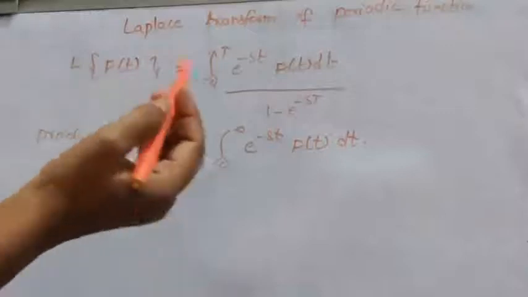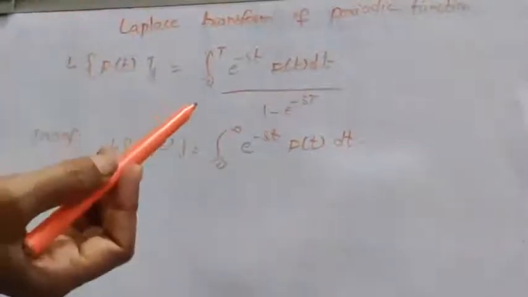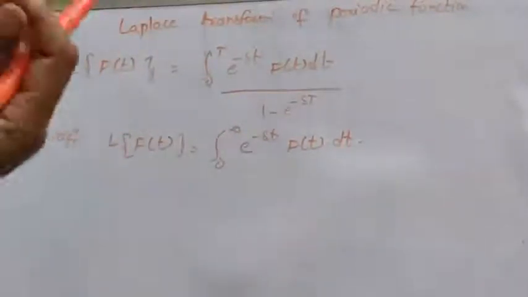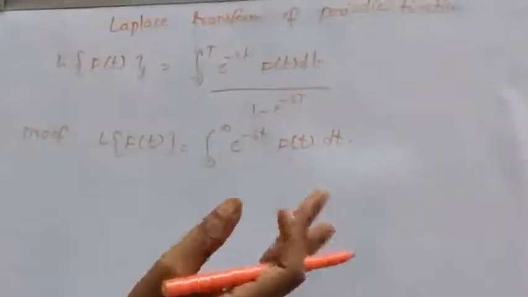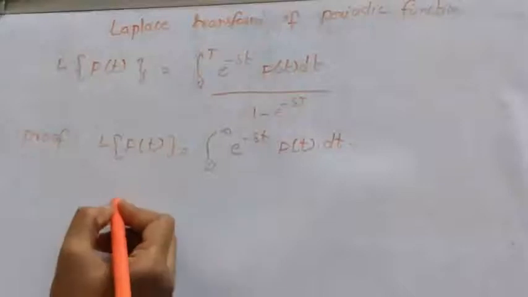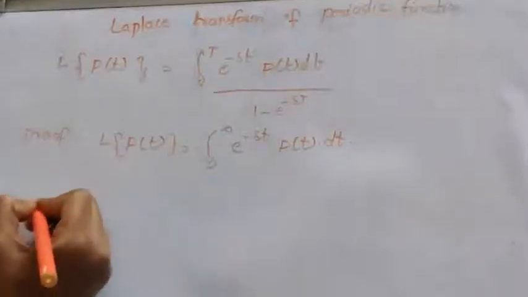Now we have to express this limit in terms of the period: 0 to T, T to 2T, 2T to 3T, 3T to 4T and so on. That means we have to express the integral part in terms of the periodic function, so we are going to split this 0 to infinity.